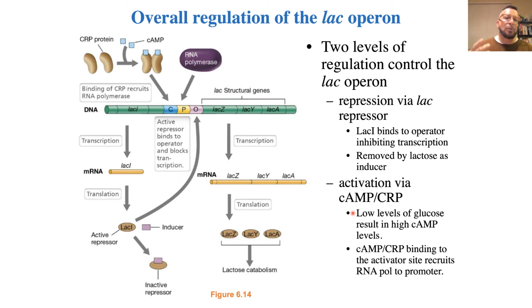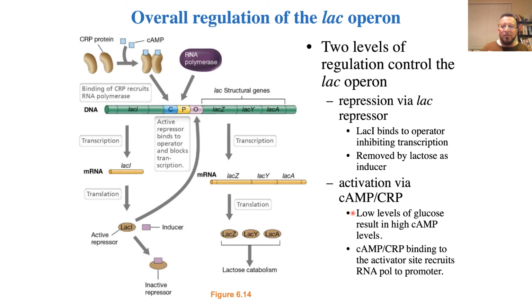So here's an example again of the overall regulation of the LAC operon. So we have regulation at 2 different levels. The first one is the repression via the LAC repressor that is bound to the operator region, that is the protein LAC-I, and that can only be alleviated when lactose as an autoinducer is present.